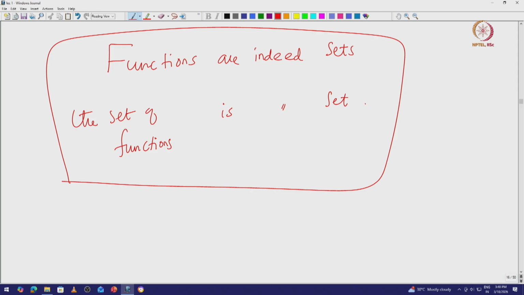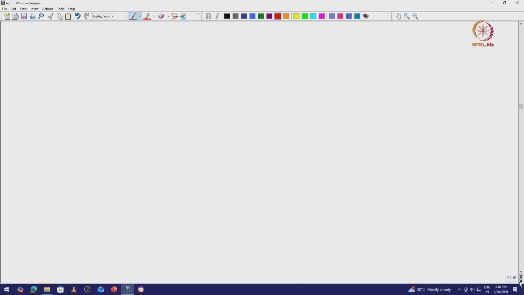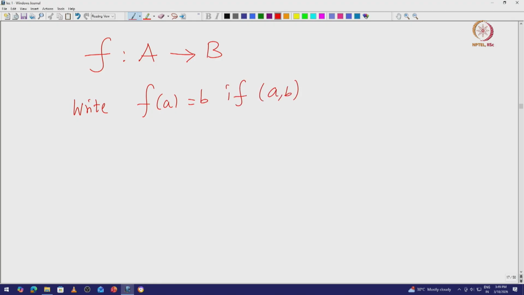Okay. So, how does one write the image of a given element? Like I said, any function is written as f colon A to B. So we write f of a equal to b if a is mapped to b. That means the pair a comma b is inside your f.